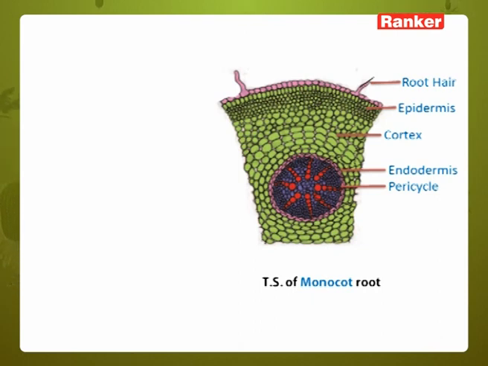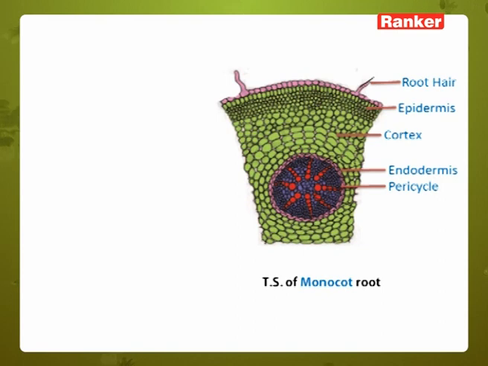Pericycle is generally a complete ring of cells, but in some grasses the ring is broken due to the presence of some protoxylem elements. The main function of the pericycle is that it gives rise to the lateral roots.